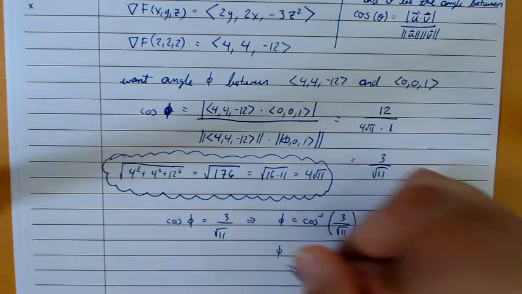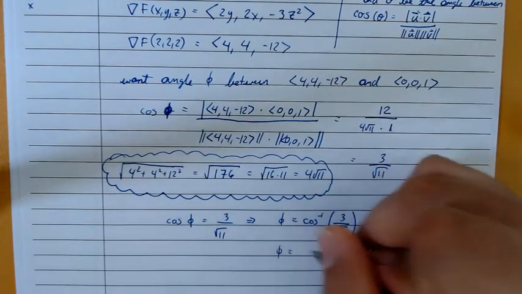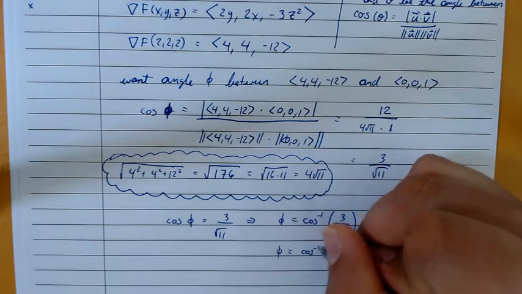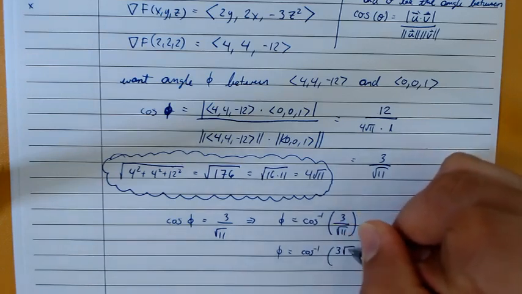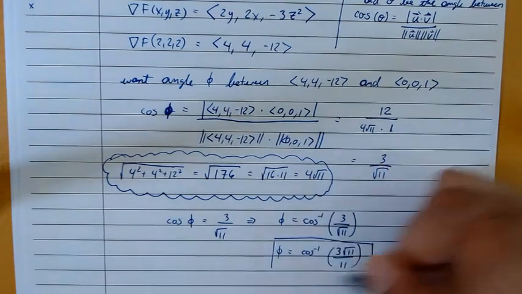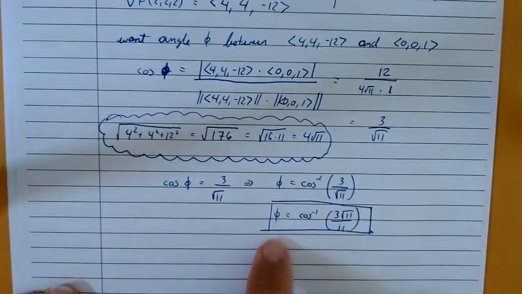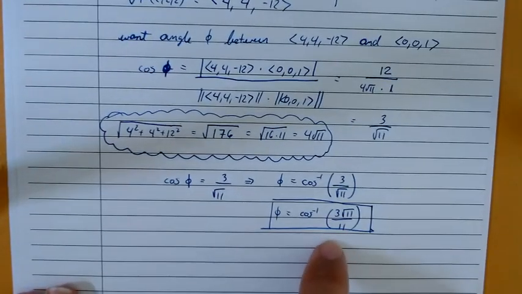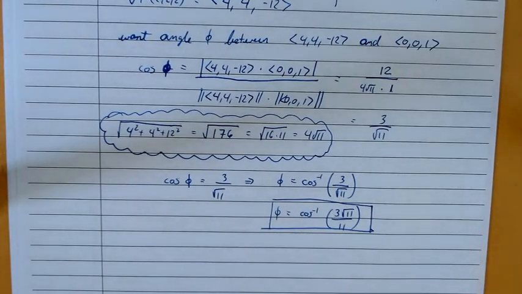Or if you prefer, you can always rationalize that, and you get phi is equal to the inverse cosine of 3 root 11 over 11. So here that would be our result. If you really have a strong inclination to write this as an angle, you can type that into a calculator, but this would be the correct answer there.